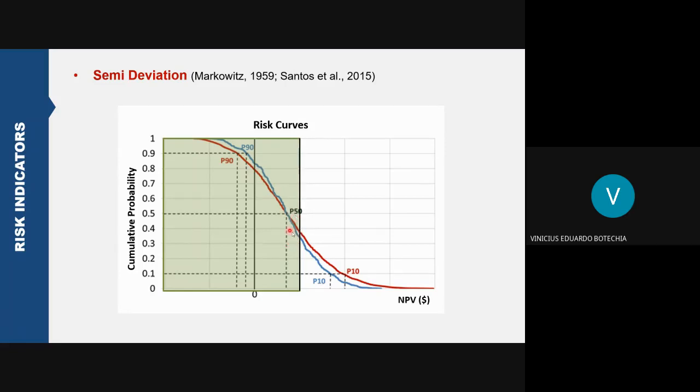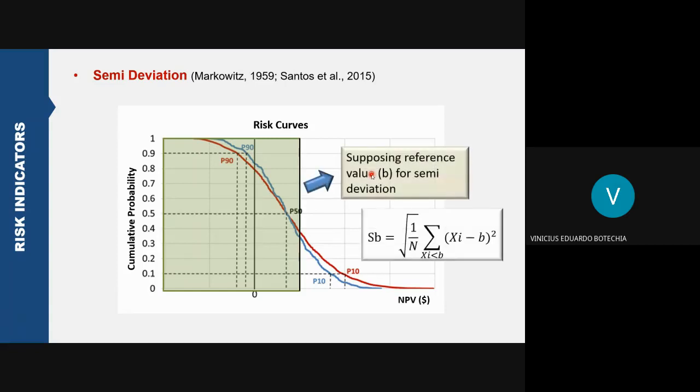So if this happens, it's better to have the red curve, right? But if this happens, it's better to have the blue curve. So in this analysis, you can say that the red curve is riskier if you use the same deviation, right? This is the reference value for the same deviation, I forgot to say, and so on.